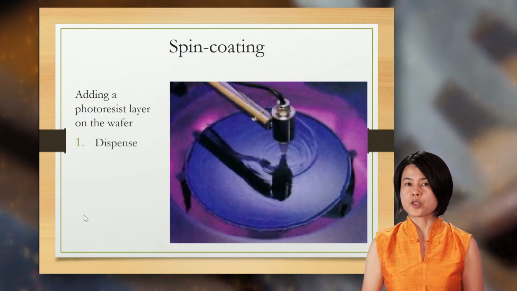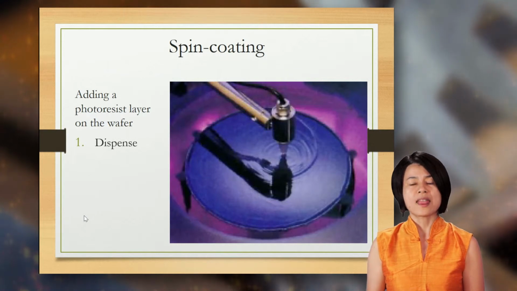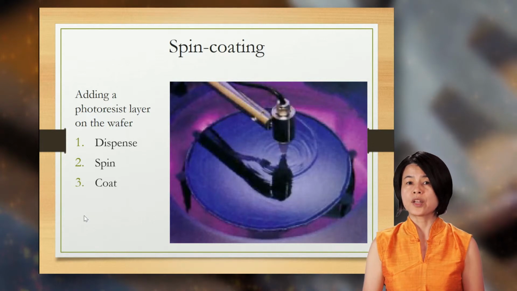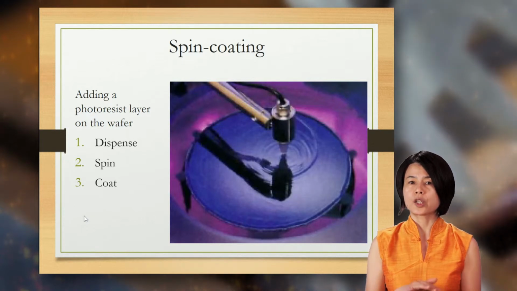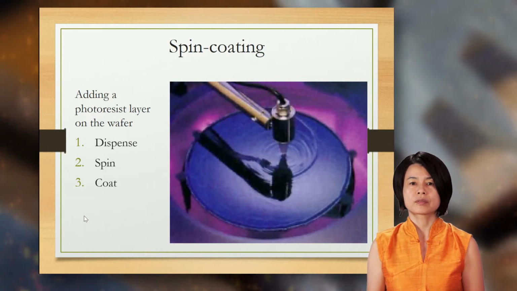The dispenser distributes photoresist uniformly on the wafer. Then the machine will spin or rotate. As a result, the liquid photoresist will form a uniform thin coating layer on the surface of the silicon wafer.